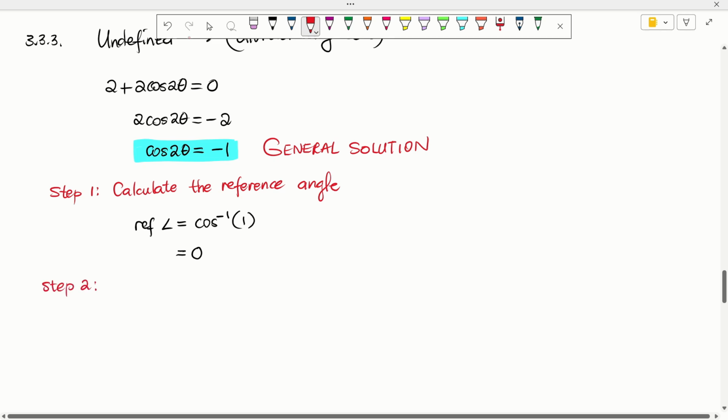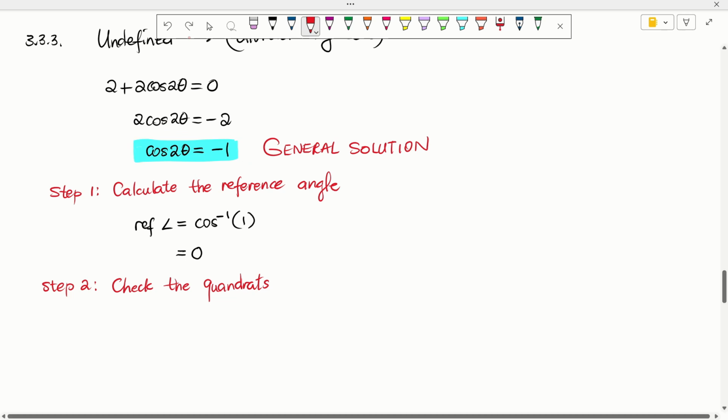is you're going to check the quadrants for which the main trig ratio is negative. Basically, I don't know how to put that in words, but you see here cos 2 theta is negative.